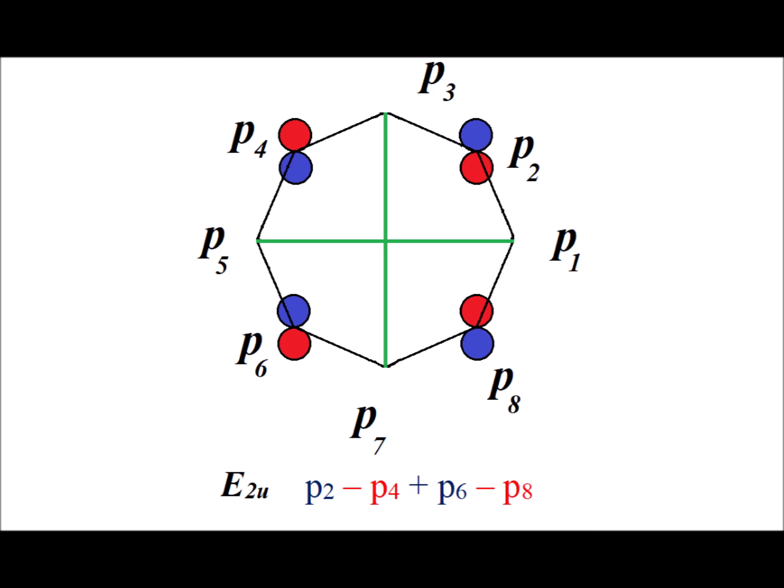Next, we have pictures of the two E2U combinations, and notice that each of those has two nodes.